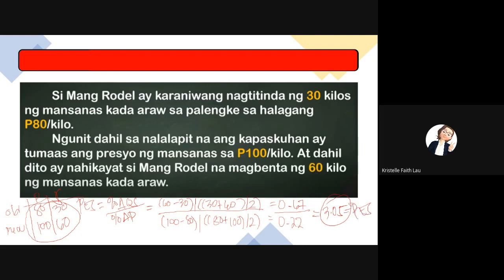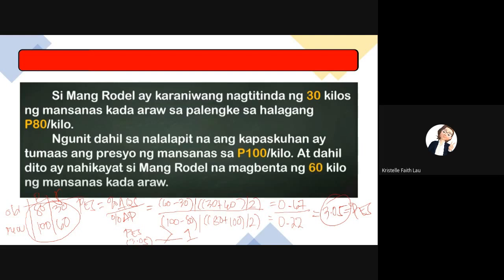So, para makuha natin yung kanyang interpretation, so, PES natin is 3.05. So, is it less than or greater than ba sa 1? So, class, as we can see, greater than ang ating PES versus sa 1.